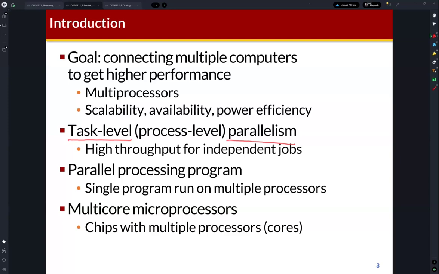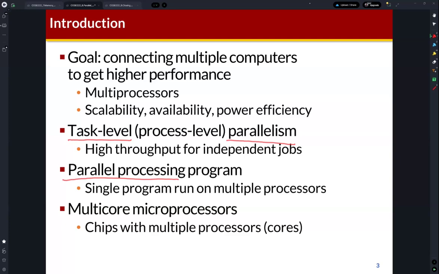So what is required? Parallel programming is also required, and in order to design a parallel program, we need to apply a parallel algorithm. This is also needed in order to implement parallel computer systems.